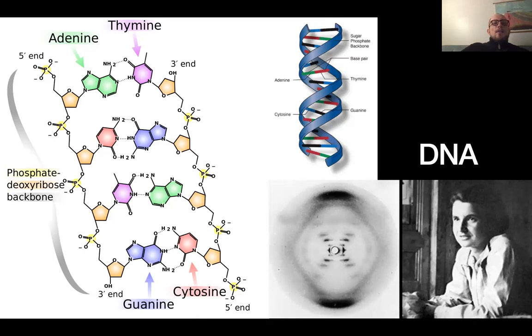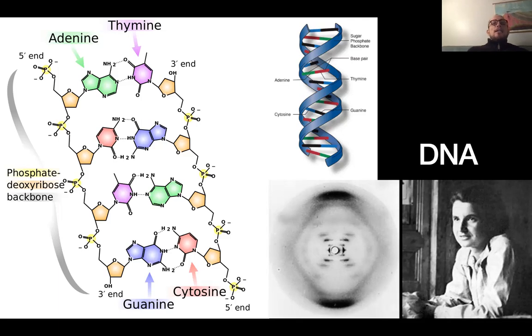So you have phosphorus and you have a deoxyribose, and the type of molecule this is, a nucleic acid. So DNA stands for deoxyribose, that's the sugar in it, nucleic acid.